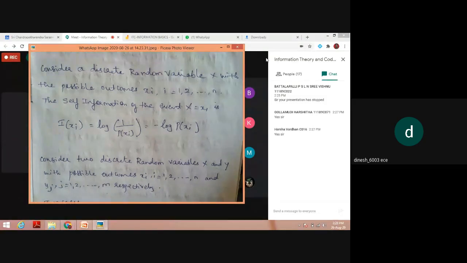If one is the case, you can easily write the information rate I of xi is equal to minus log probability of xi, or log of the base 2 of 1 by probability of xi. So if there are two variables with different outcomes, I have an outcome of x equal to xi, varying from i equal to 1 to n, and similarly I have y with possible outcomes yj, j equal to 1, 2, 3 till m respectively.